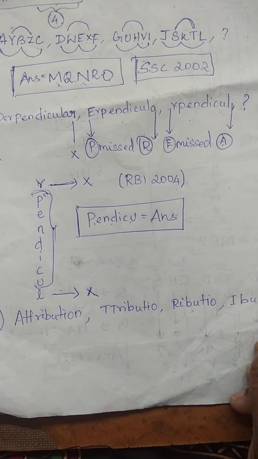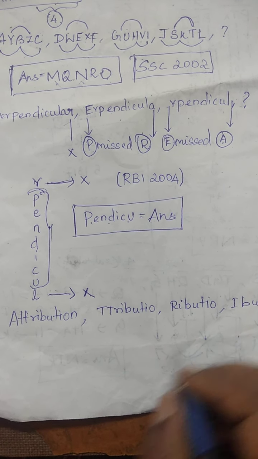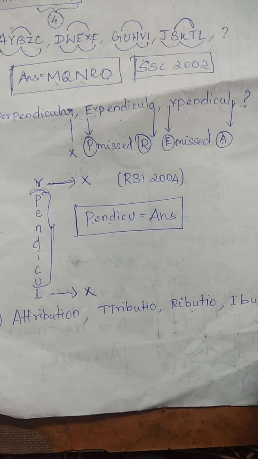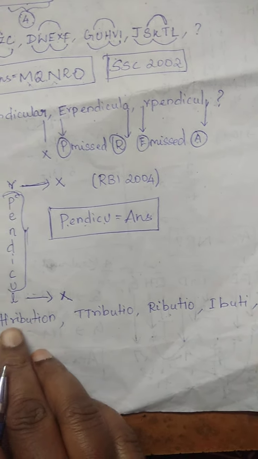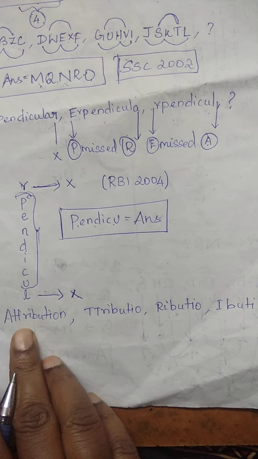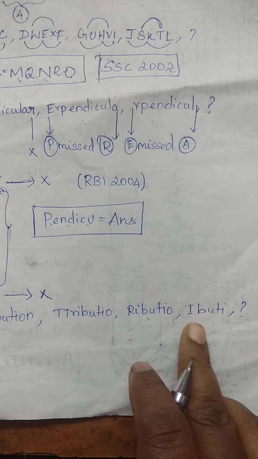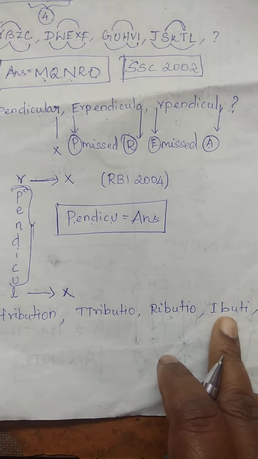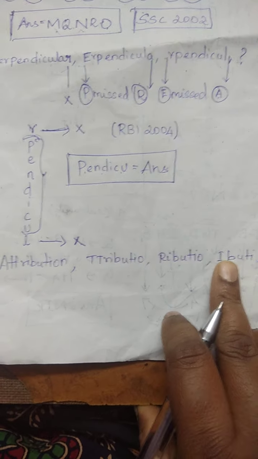Abute. And then we have to find the solution. Note down the question. First attribution, next tributio, rebutio, abute. Note down it.